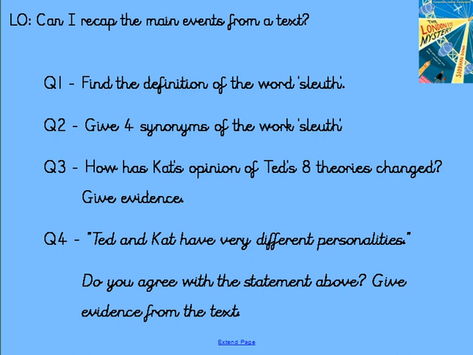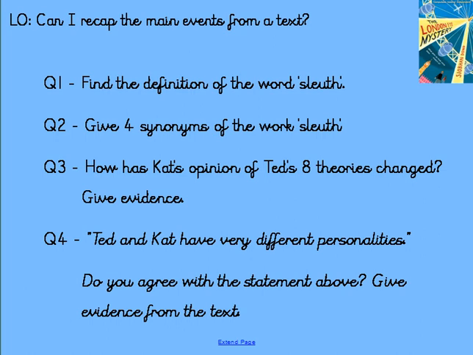Then questions 3 and 4 would probably be 3-mark questions. So we know in a 3-mark question you're going to have to give at least two points with some evidence to back that up. Some of those points are going to be your own opinion, but you need to back that up still with something from the text that makes you believe that.